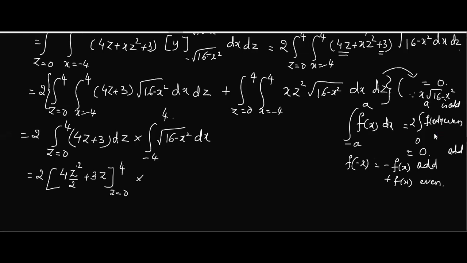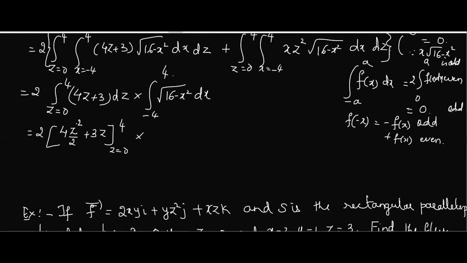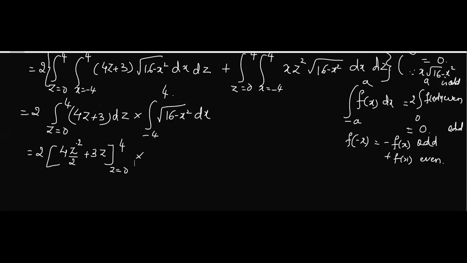We have to apply the same formula just now used. Tell me what that formula is? X by 2 root of a square minus x square plus a square by 2 sine inverse of x by a. What is my a? 4.